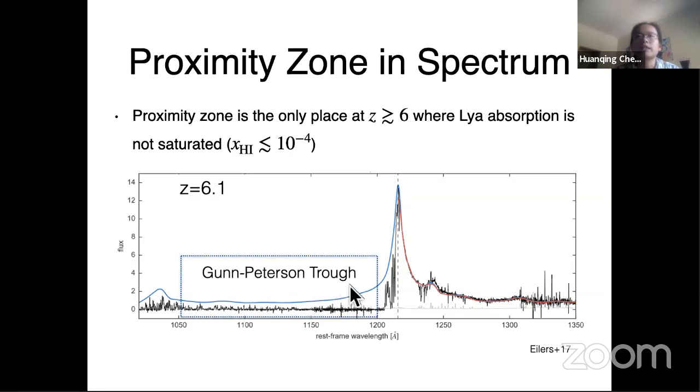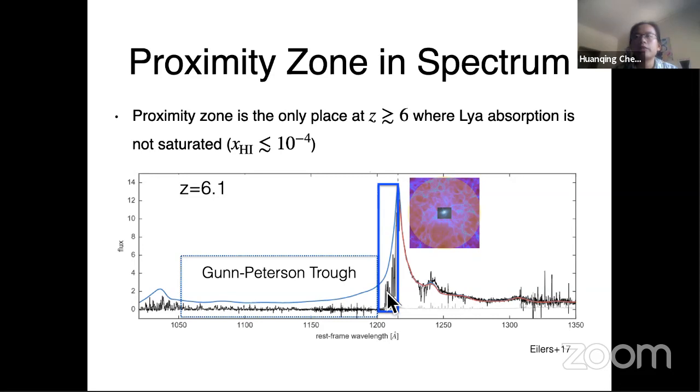This is the Gunn-Peterson trough usually observed in z about 6 quasars. But thanks to the high flux of the quasar, the region surrounding it will have an exceptionally low neutral fraction. This will appear in the spectra as this non-zero flux region. This is a place where we can do a lot of interesting work.